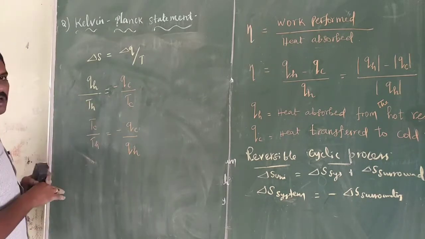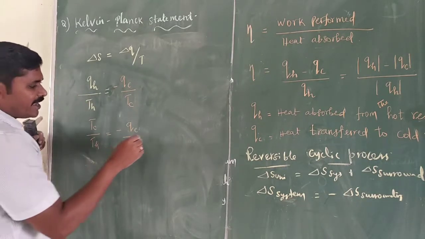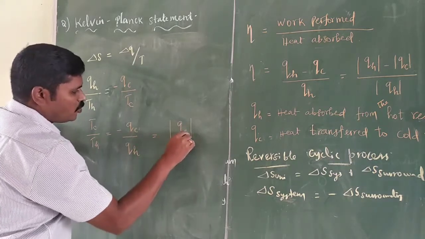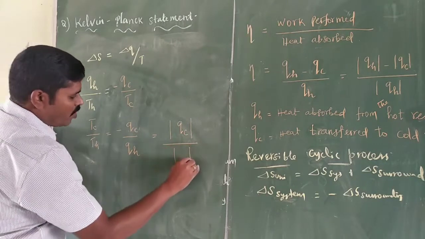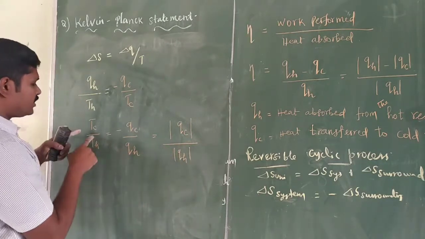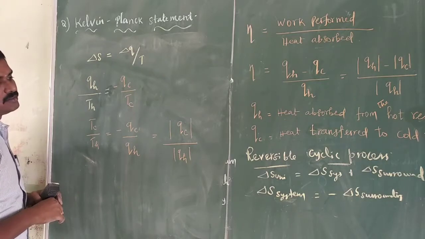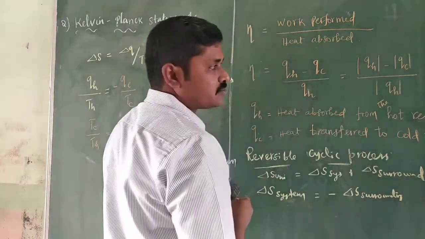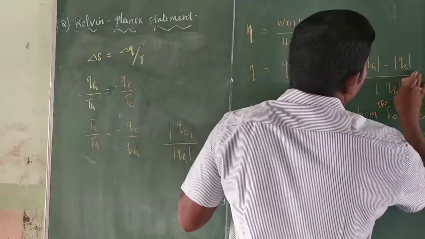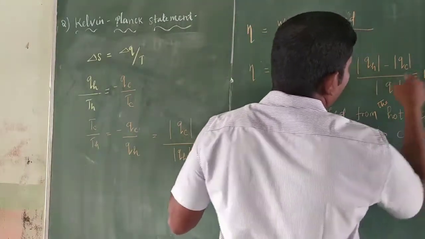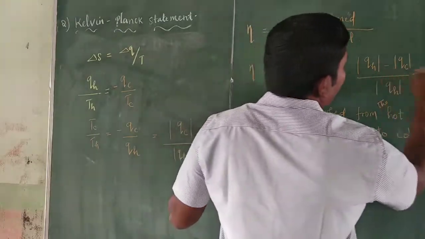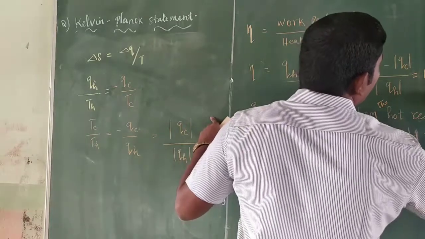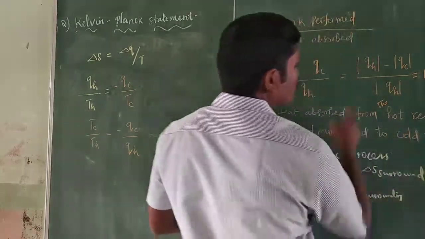In other words, the modulus of QC divided by the modulus of QH is equal to TC by TH. That is equal to 1 minus the modulus of QC divided by the modulus of QH. So both are equal.